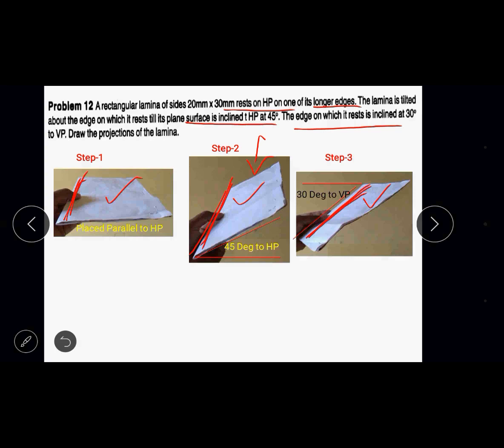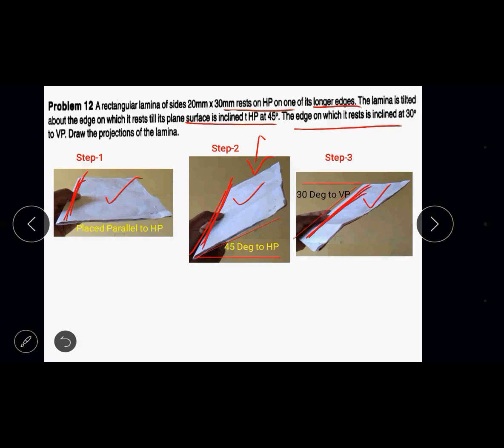The angle of 30 degrees to VP is measured from the opposite wall, not from the horizontal wall. Your opposite wall represents the vertical plane. So from the opposite vertical wall, the angle is measured 30 degrees in anti-clock direction. So the longer edge of the lamina is tilted 30 degrees to VP.